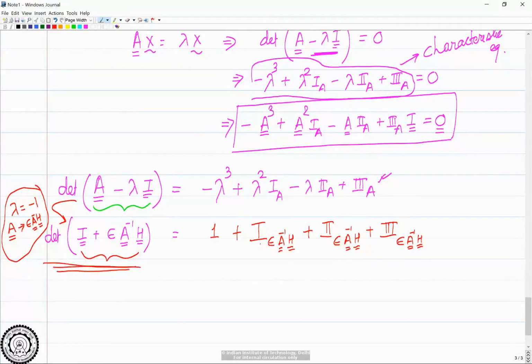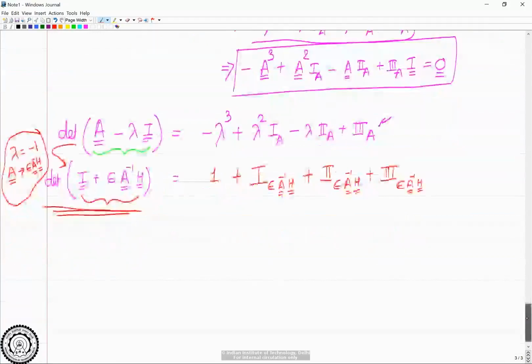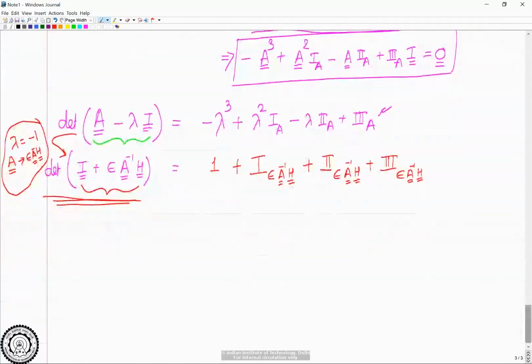Yes, you have some question? Can we just take epsilon outside the determinant, and lambda becomes 1 by epsilon? But how do I take epsilon outside the determinant?